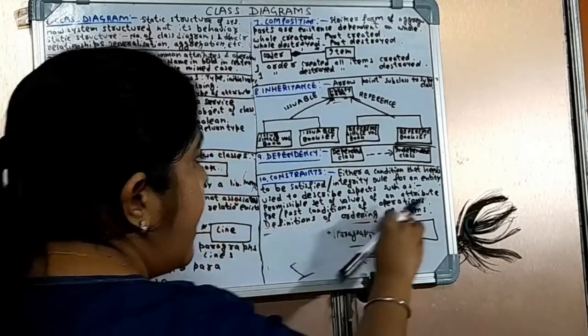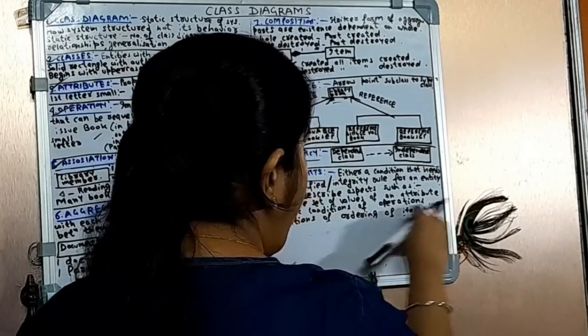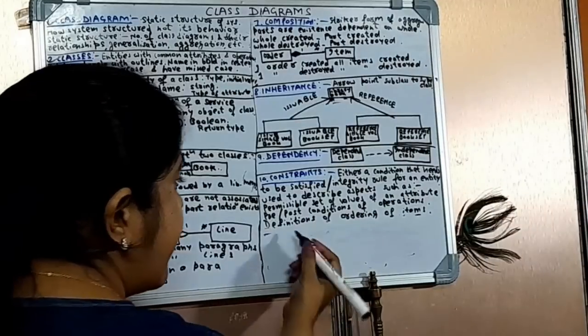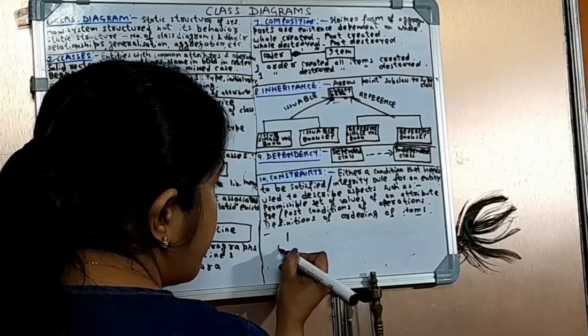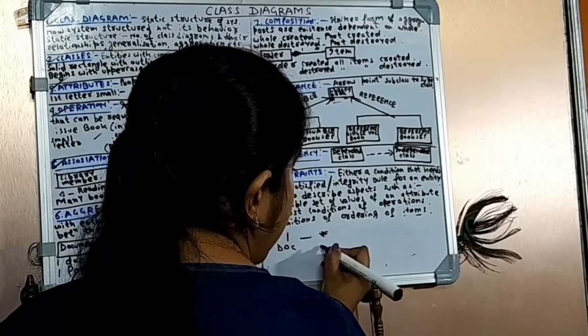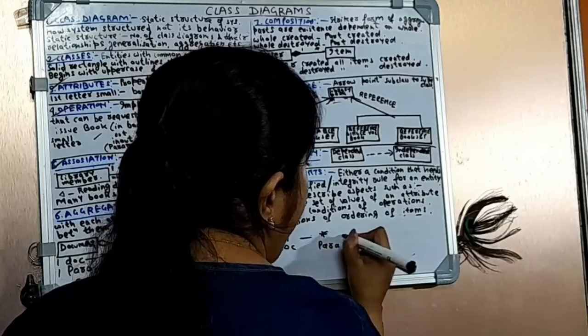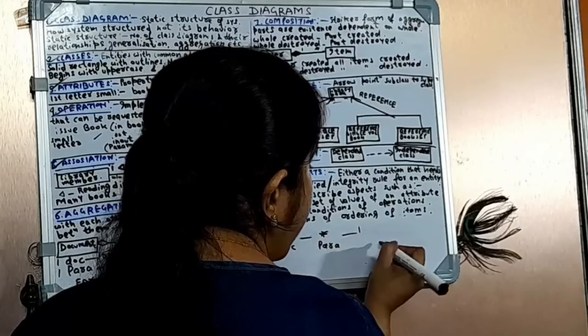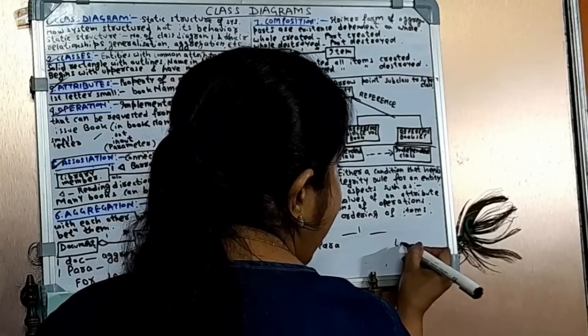One more thing here. If I want to show that one document will contain many paragraphs, and one paragraph will contain many lines.